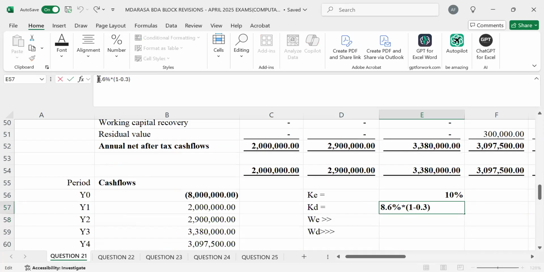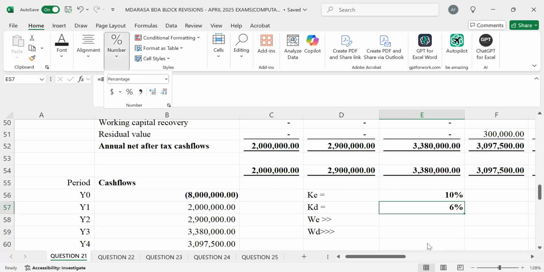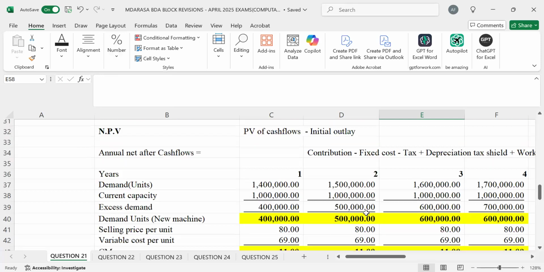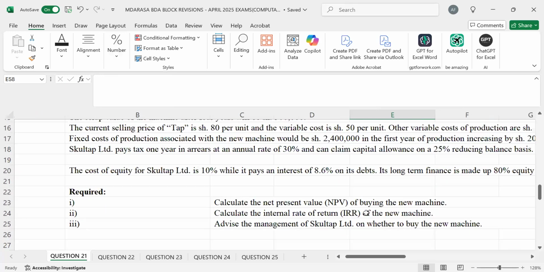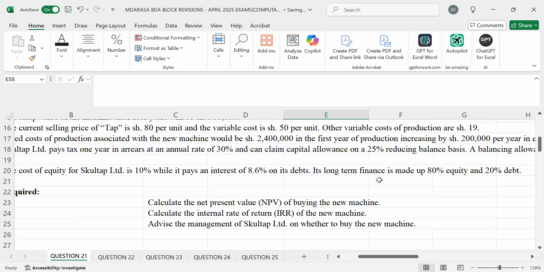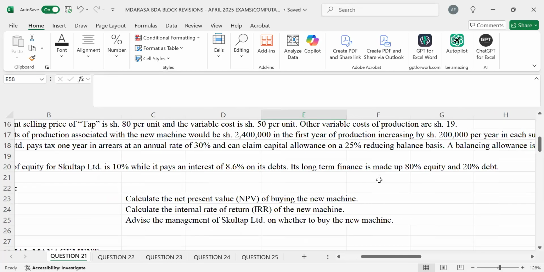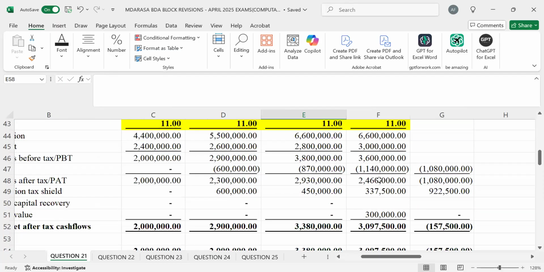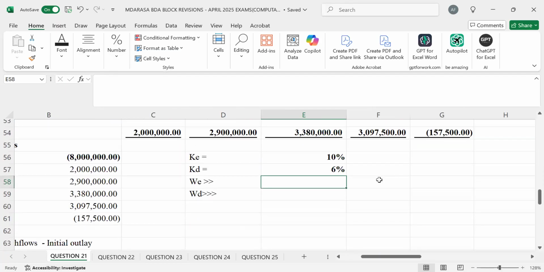For the weight of equity, we are told the long-term finance is made up of 80% equity and 20% debt. So 0.8 is equity, and 0.2 is debt.